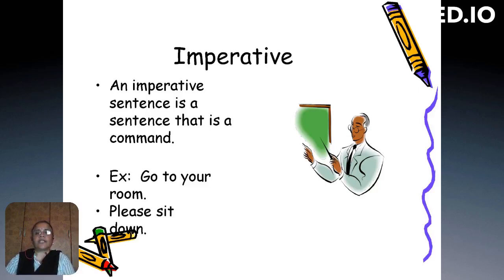Any sentence that gives a request or a command is an imperative sentence. So it depends on the context. I can say, go to your room, and it can be a request, or I can say, go to your room, and it can be an order or a command. Please sit down. When you use please, it is a request. So an imperative sentence ends with a full stop or a period.